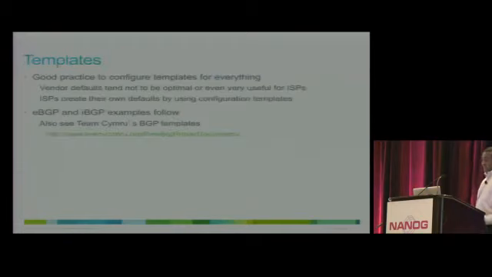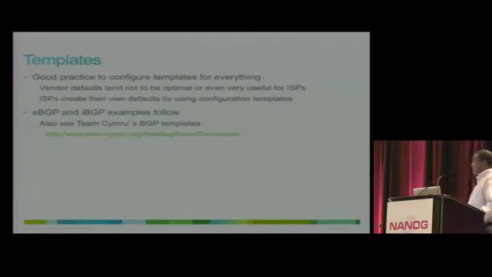Templates. Let's say you have several iBGP peers from a route reflector; most of those configurations are the same. So you can combine the similar configurations into a template and then apply it to individual peers. That's basically templating.